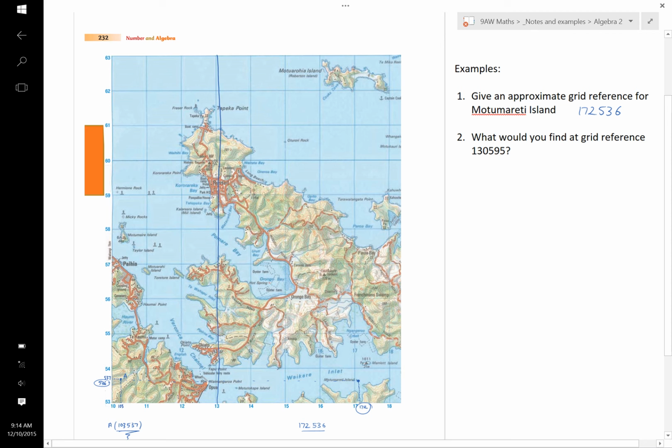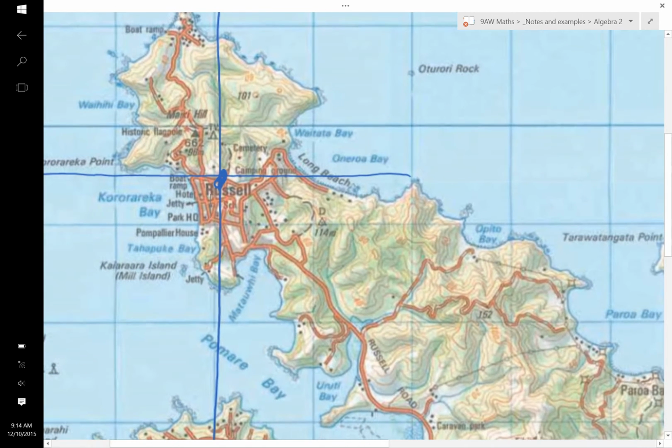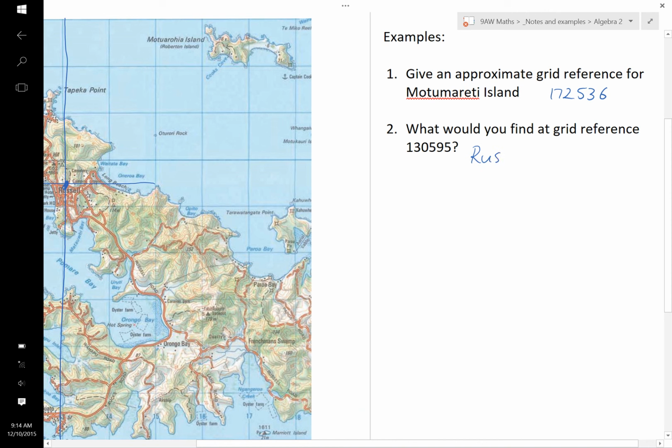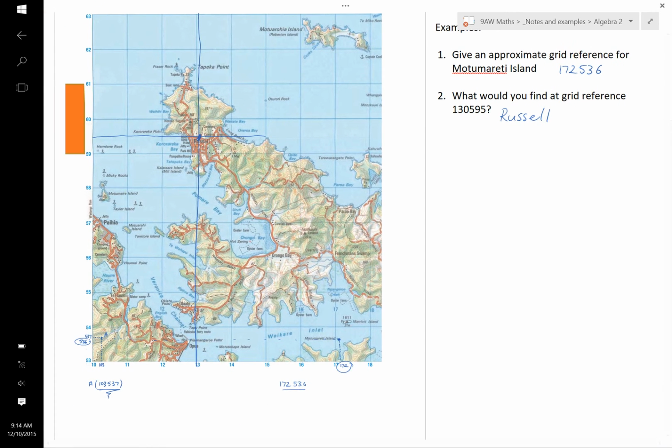Then 595, there's 59, so 595 will be halfway along this line here, and that's where they're crossing. If we look closely on our map, where those lines are crossing gives us the town of Russell, so that's what we'd find at that point.